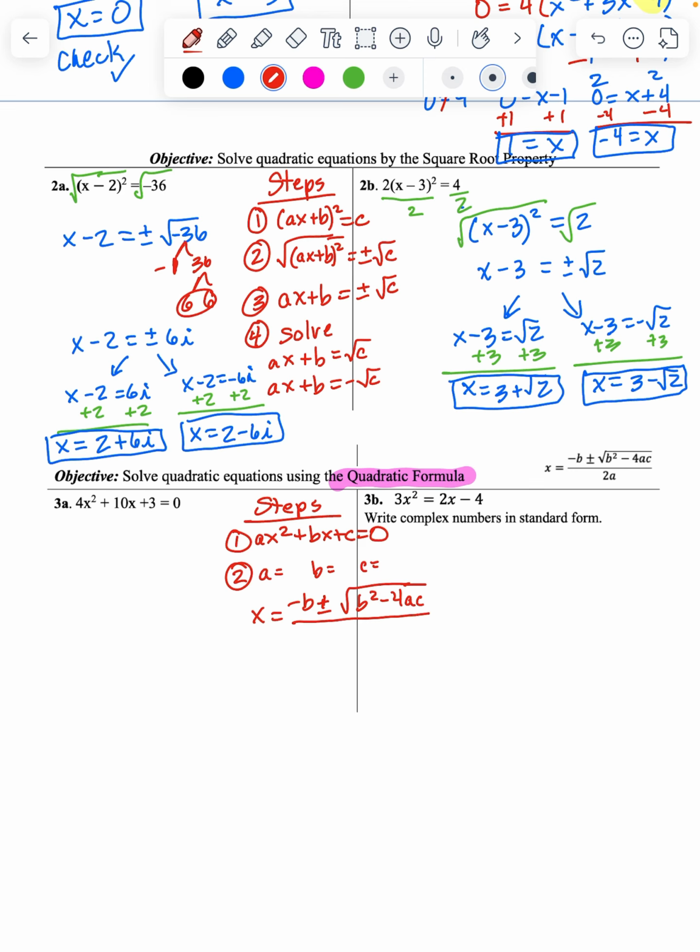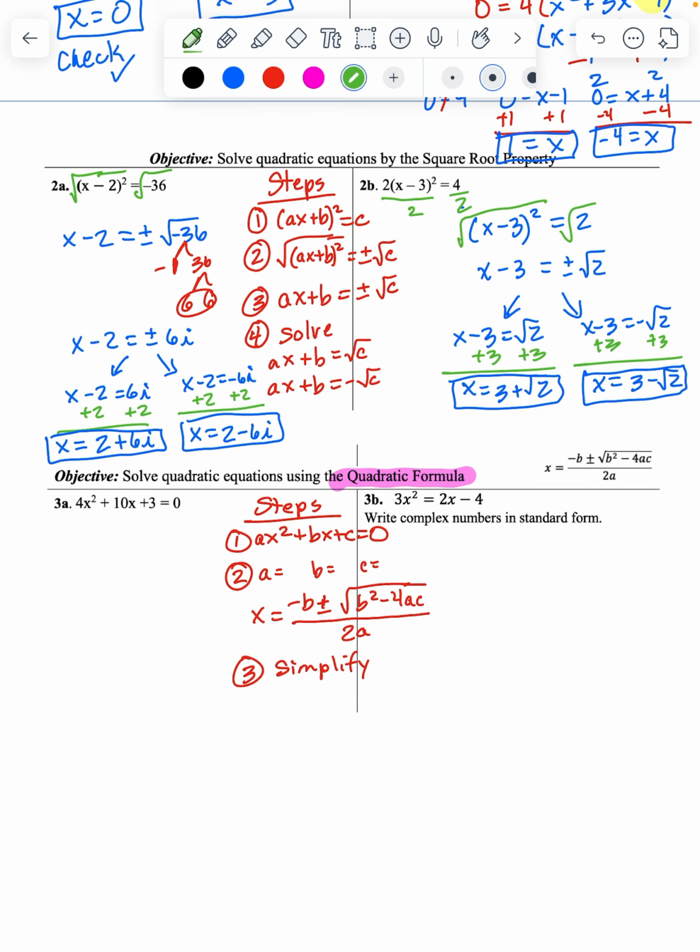All of that's underneath the square root. And all of that is the numerator, with the denominator being 2a. And you simplify as much as is appropriate for the situation, using the skills that we practiced at the beginning of the 0.3 notes in the previous video.